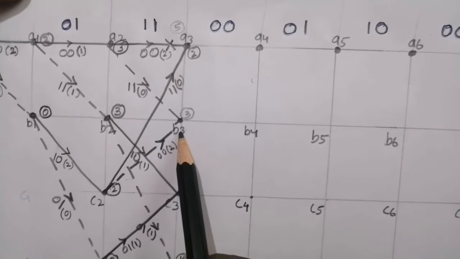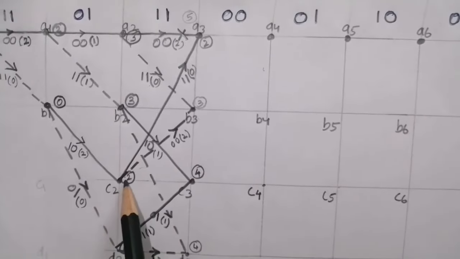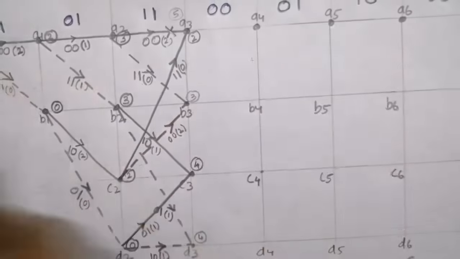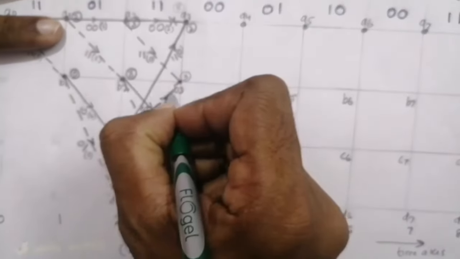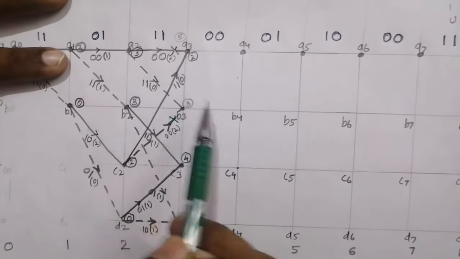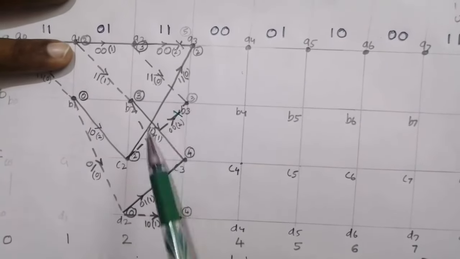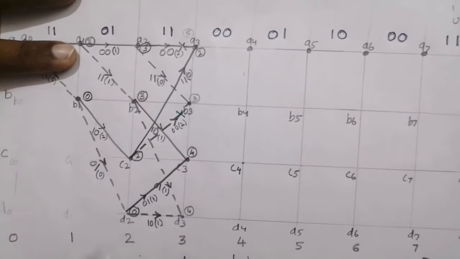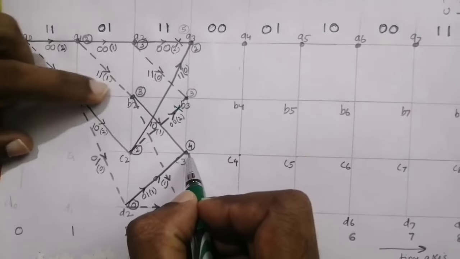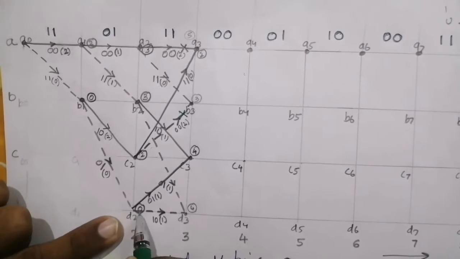Similarly at B3 we have two paths: 3 plus 0 is 3, and one more path, 2 plus 2, that is 4. So we remove this path and retain this path only, because the node metric is 3 here, but this is 2 plus 2, 4. At C3 we again have two paths, with node metrics 3 plus 1, 4, and 0 plus 1.